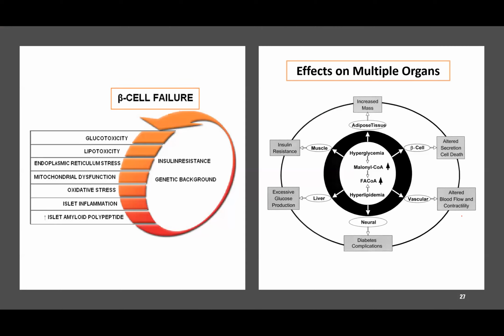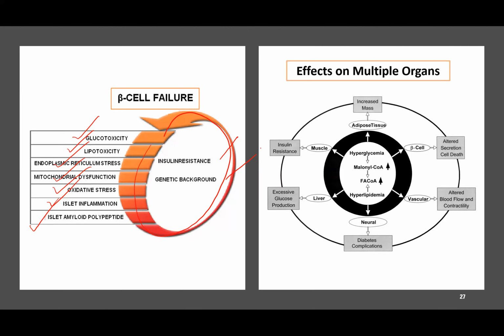Now, beta cell failure can occur from glucotoxicity, lipotoxicity, ER stress, mitochondrial dysfunction, oxidative stress, islet cell inflammation, and increased islet amyloid polypeptide, which we have discussed in this paper. All of these have a chain reaction. They increase the insulin resistance, and against the genetic background of insulin resistance, that leads to beta cell failure.